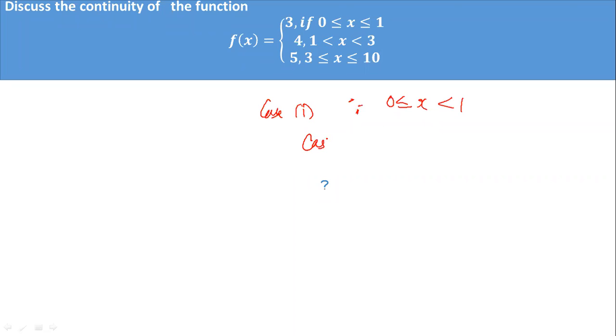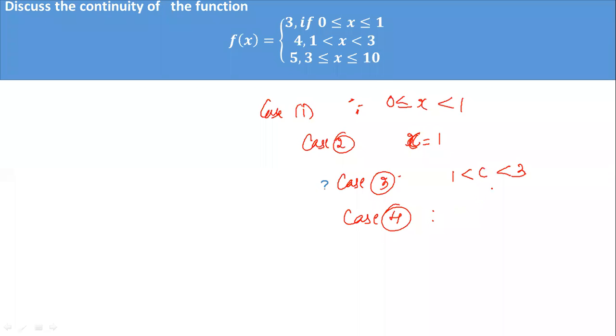Case 2 is, what is case 2, students? x is equal to 1 is case 2. What is case 3? Case 3 is 1 less than x less than 3. What is case 4?